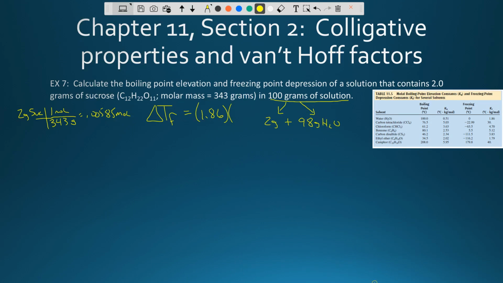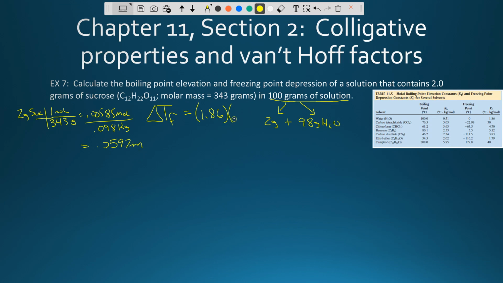Now remember, I needed to know that because the next step right here is molality. And so I needed to divide my 0.00585 moles of sucrose by 0.098 kilograms of water. And so if I calculate out that molality, I end up with a 0.0597 molal solution.